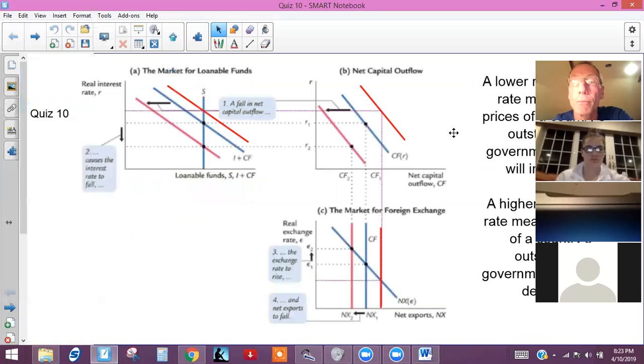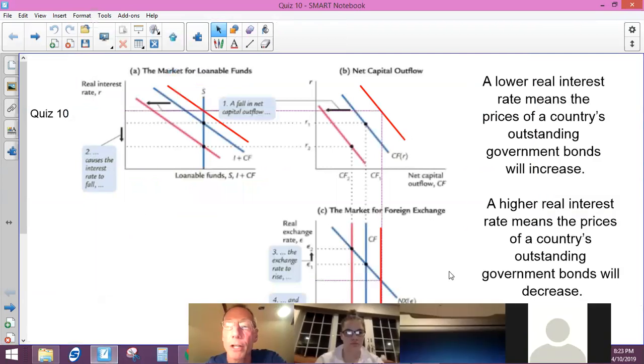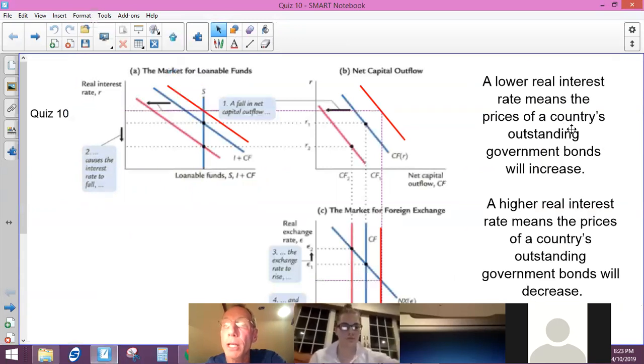So if you look at what I drew right here, and this is something that's not in your books, but this is how you actually understand this, okay? So we have a lower real interest rate. That means that the prices of the country's outstanding bonds will go up, okay?